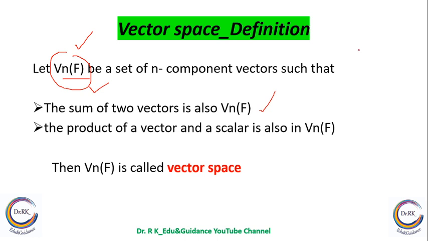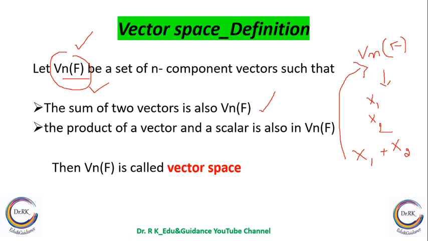If we take two vectors x1 and x2 from VNF, this is closure with respect to the addition operation, so x1 plus x2 is also in VNF, also a vector.